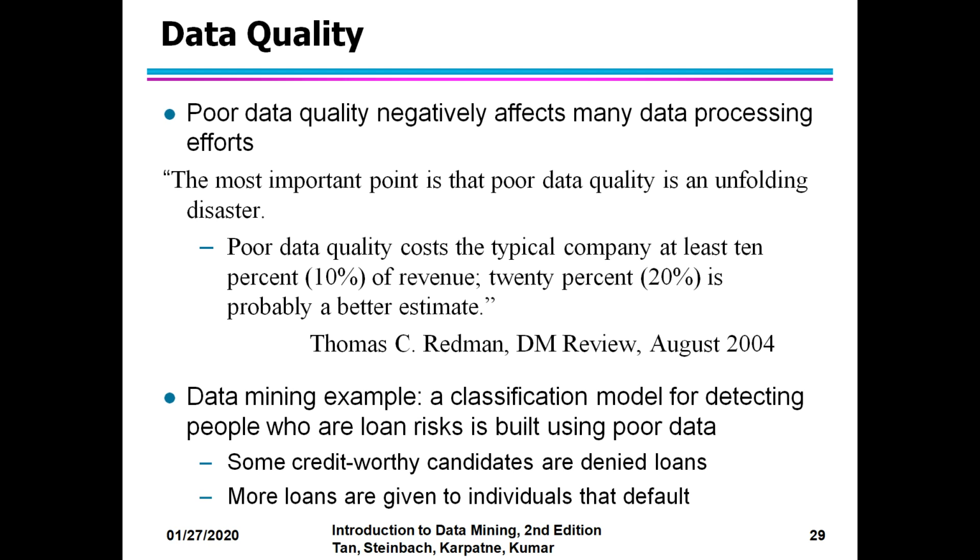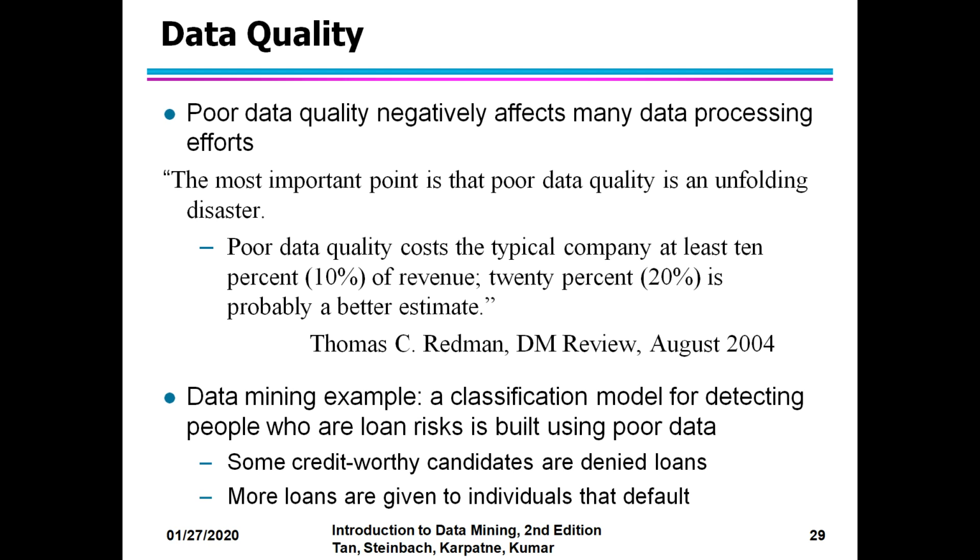Data mining example: a classification model for detecting people who are loan risks is built using poor data. If we take employees of an organization and classify them, we ask whether they will repay a loan or not.